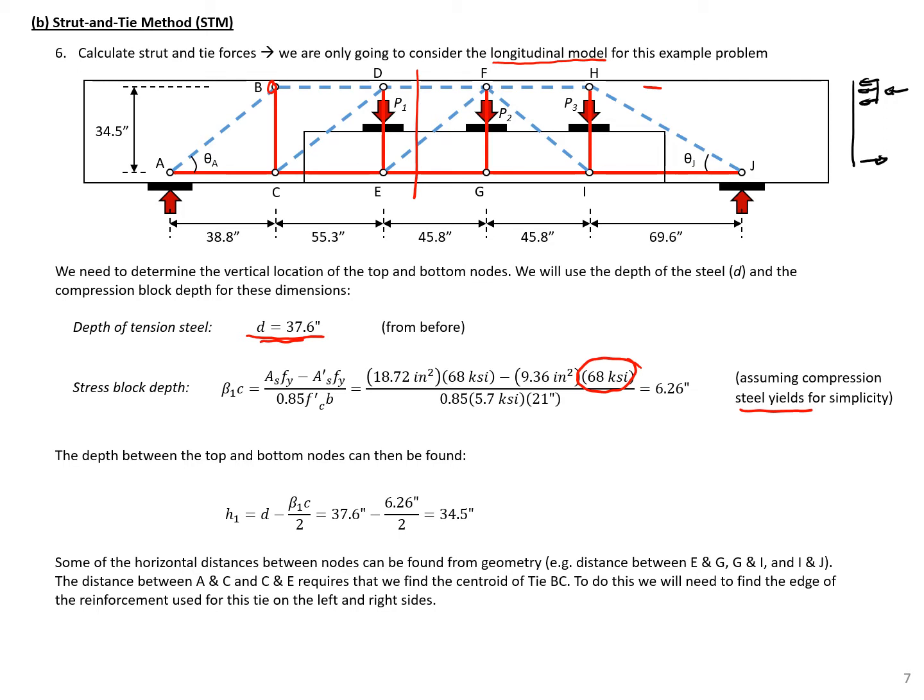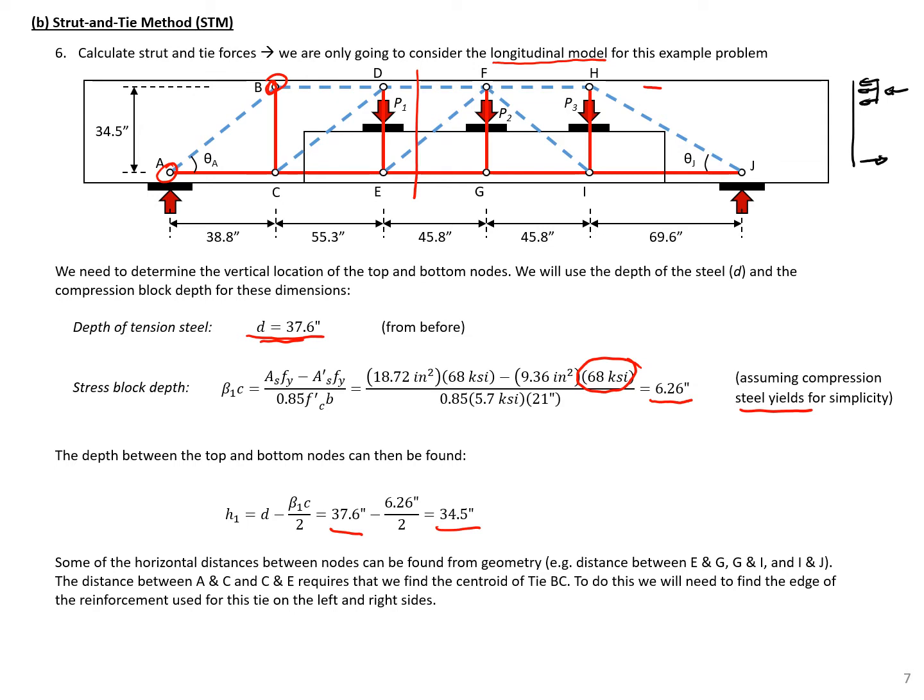So here we can find our stress block depth of 6.26 inches. And then we can use that to determine the distance between our top node line, just B at this point, and the bottom node line A. So it's our depth minus beta 1 C over 2, which will give us 34.5 inches.